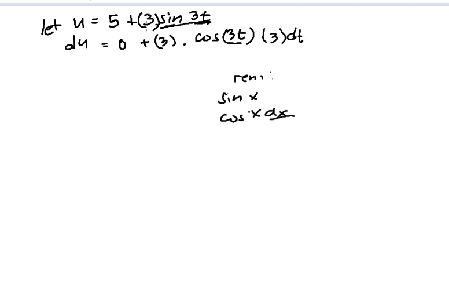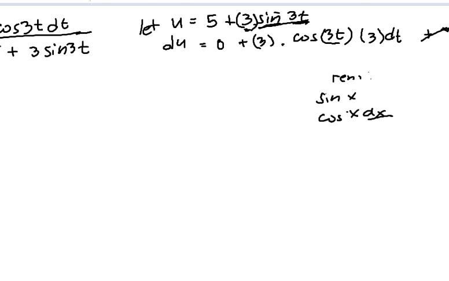So the derivative of this is 3 cosine 3t times 3 dt, plus, since it is a product rule in derivative, first times the derivative of the second plus the second times the derivative of the first. But since the derivative of the constant is 0, our second term here is 0.